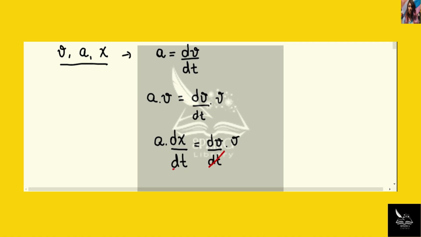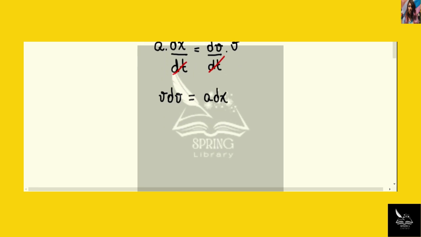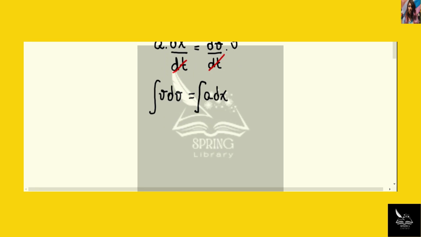So the dt's cancel out, and we're left with v dv equal to a dx. We can integrate both sides, and we get a relation between the acceleration, the speed, and x. So now we are able to dive into the exercise.